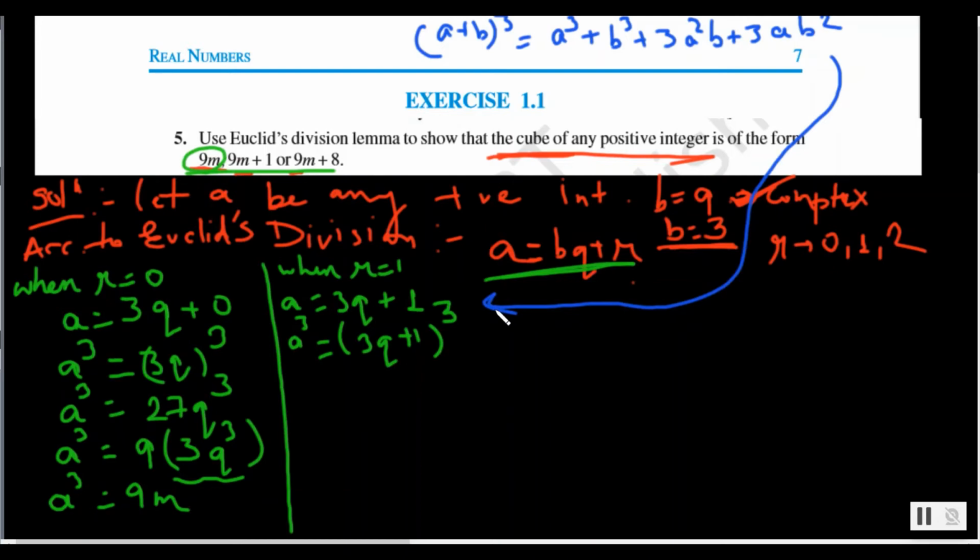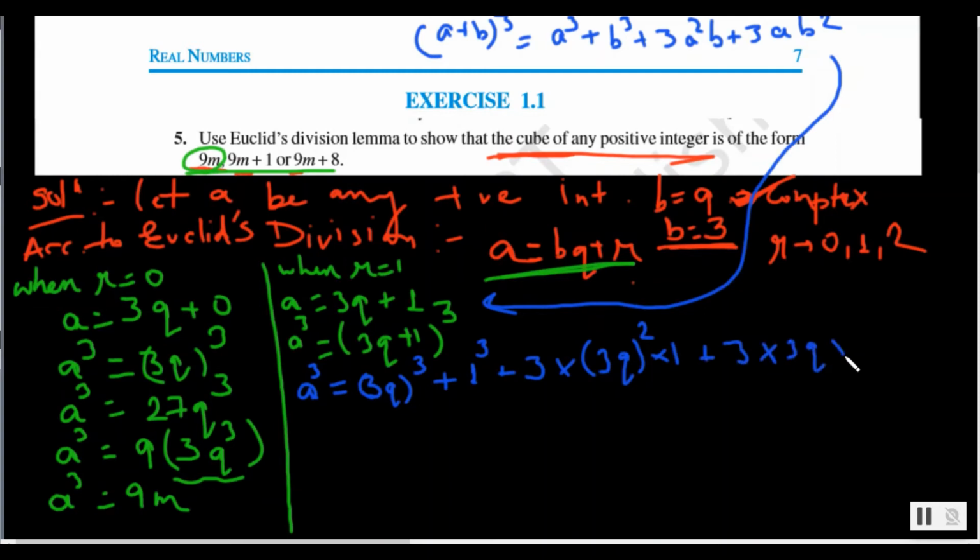For expanding we will write a cube equals (3q) cube plus 1 cube plus 3 into (3q) square into 1 plus 3 into 3q into 1 square.